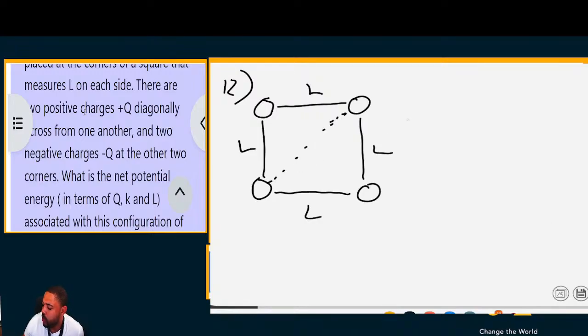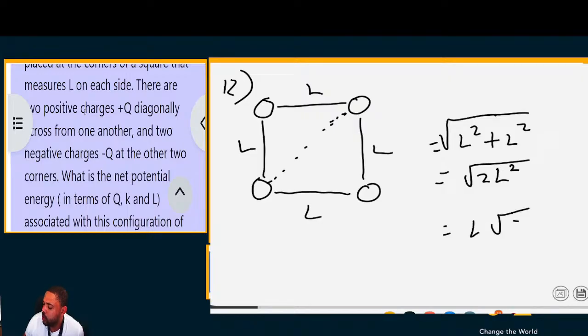If you don't know how we got there, that distance would be the square root of L squared plus L squared, which gives you 2L squared, which is the same as saying L square root 2. That's the length of the diagonal.